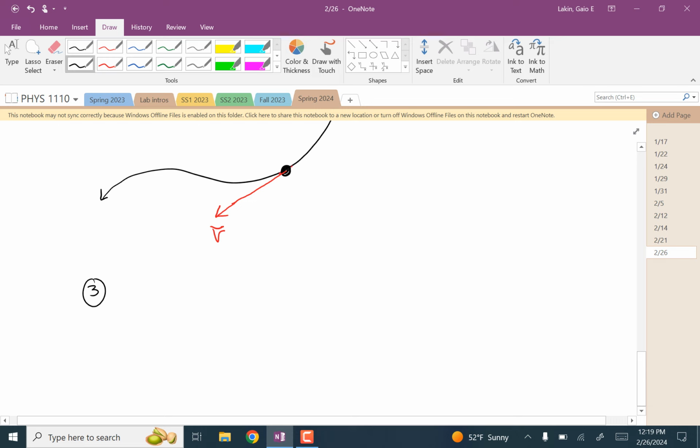Third, if the object is speeding up, draw a vector that I'm going to call A parallel, the part of the acceleration that's parallel to the velocity.